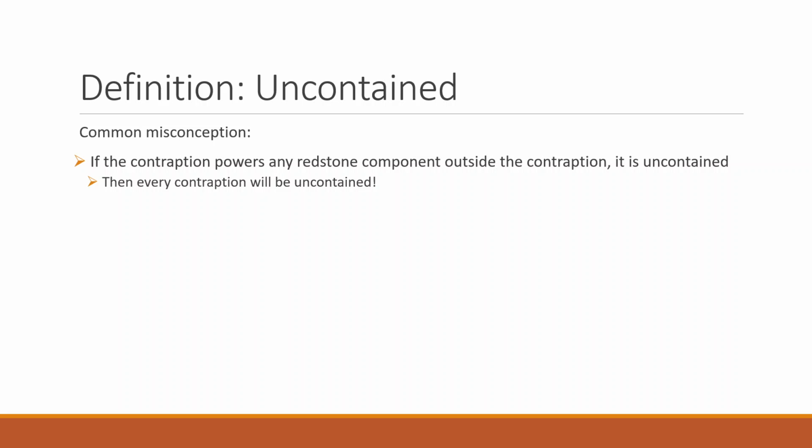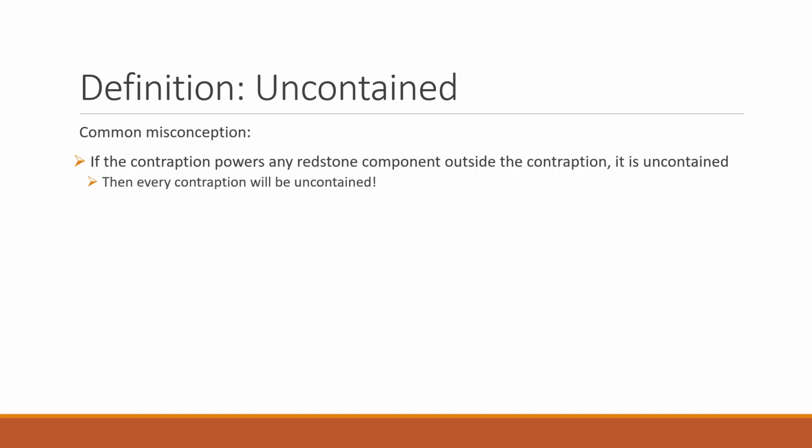Uncontained doesn't mean that you cannot have anything that powers outside of the contraption. It just means that any combination of quartz-like or immovable blocks on the exterior of the volume would still allow the contraption to work. Not that if you have anything that powers on the exterior and the thing fails, then it isn't contained.